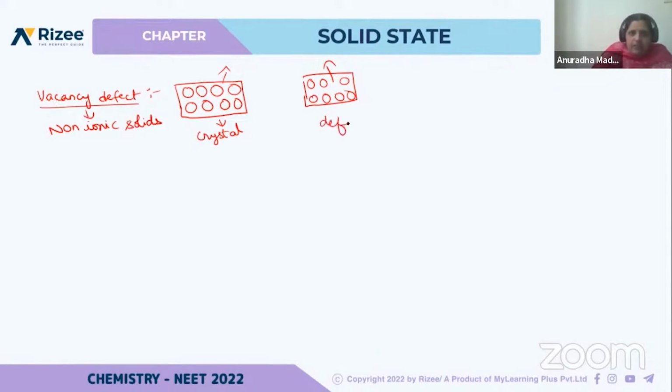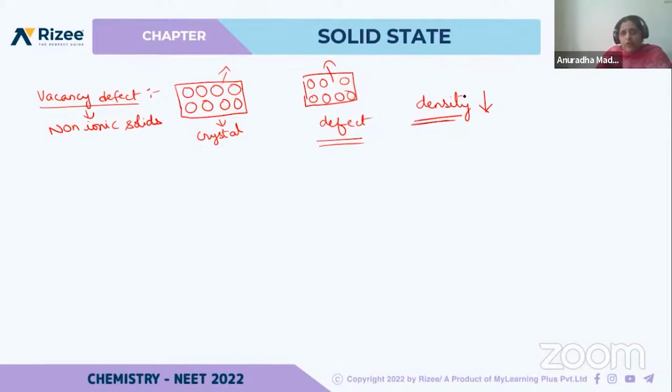Because of the loss from the lattice, the defect arises. That sort of defect is known as vacancy defect. So what is the effect of this defect on density? Density obviously decreases, as one of the particles from this lattice is lost.